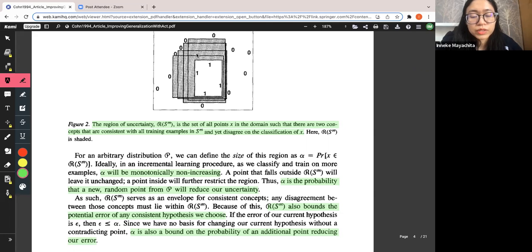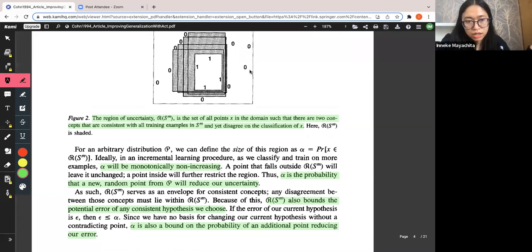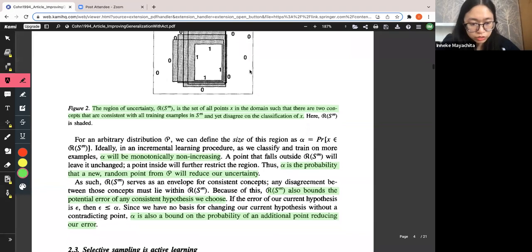So what we want to do is, for each step in the training, recalculate this shaded area and sample from it for the next training. That's the iterative process. We find the shaded area, sample from it, recalculate the shaded area, and then sample the next examples from the new shaded area. We don't want to sample randomly, because it will just sample from the white area, which is useless.